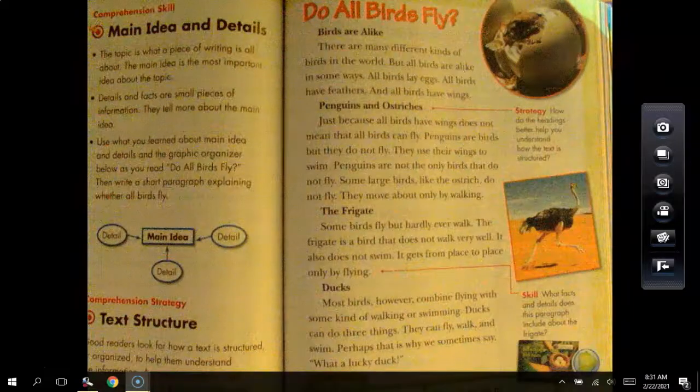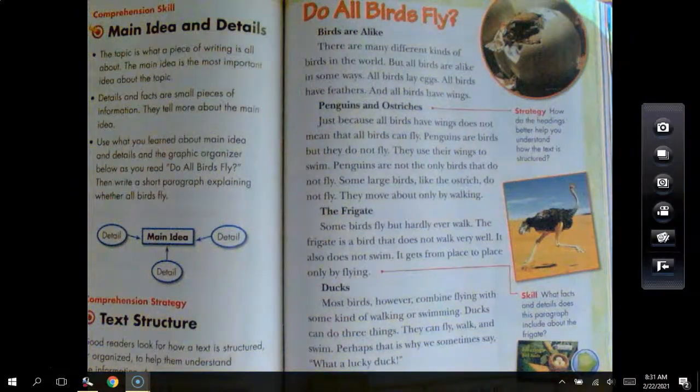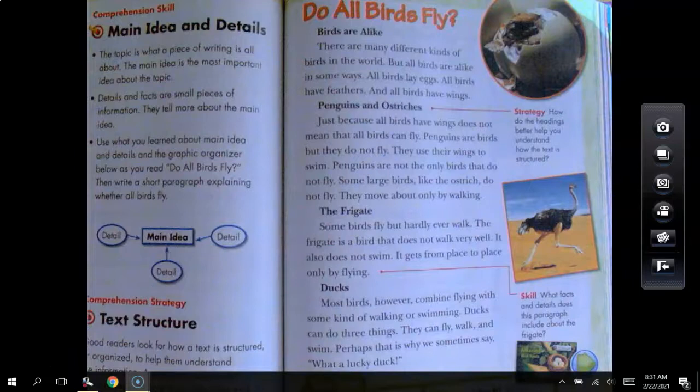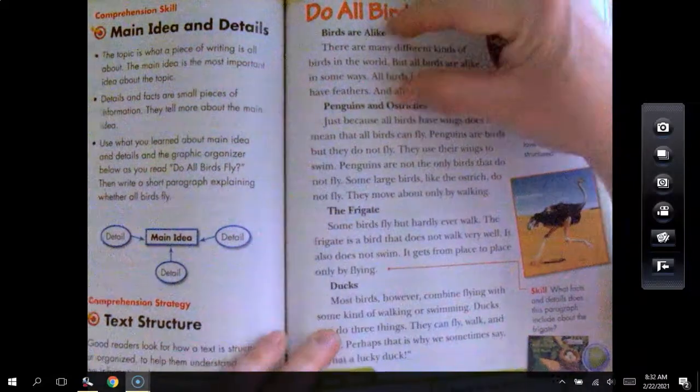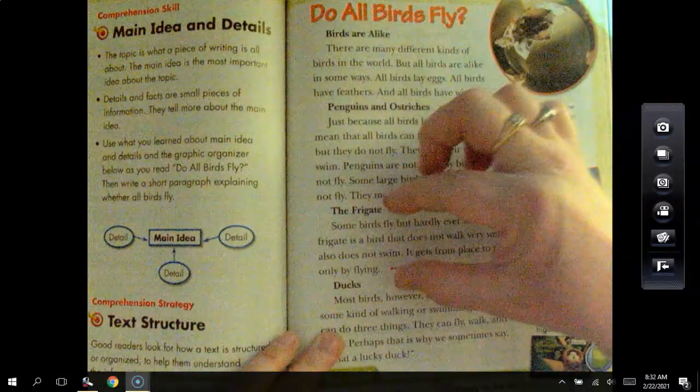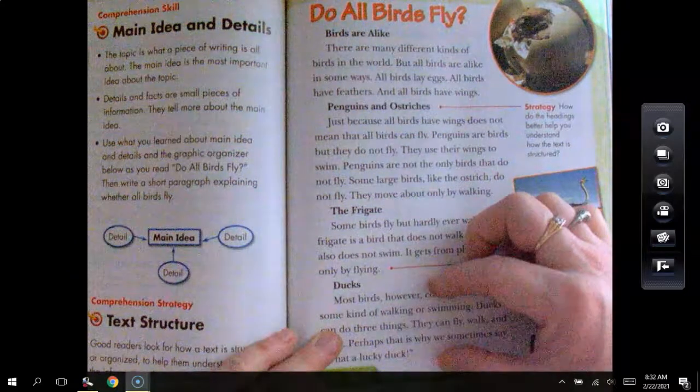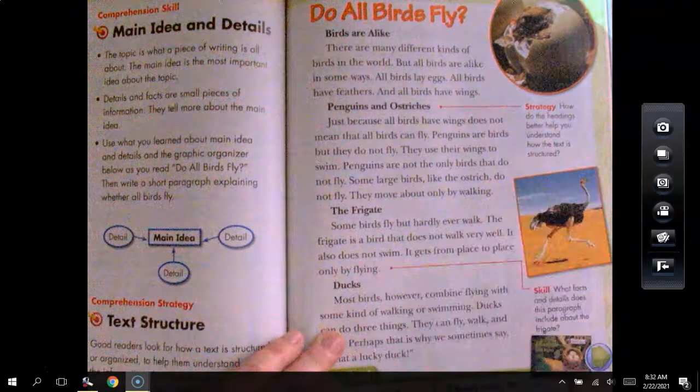Okay, boys and girls, so I read you the story, Do All Birds Fly? So now we're going to fill out a graphic organizer on main idea and details. However, we're going to talk about it and do it a little bit differently than what I talked about. Now, I told you in nonfiction text, and I explained it to you as I was reading, that we can take different sections of nonfiction and we can have main idea and details for each section.